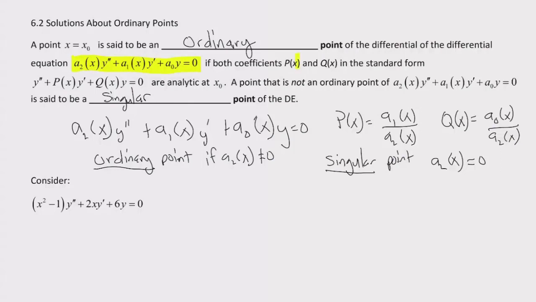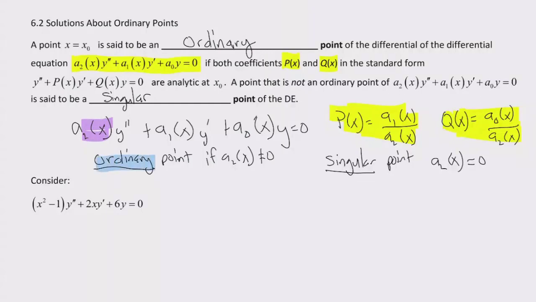And so if p of x and q of x are in standard form, then we define that ratio of those starting functions to be p of x and q of x. And so the ordinary point solutions are anywhere where this leading function does not equal 0. So that one right there.